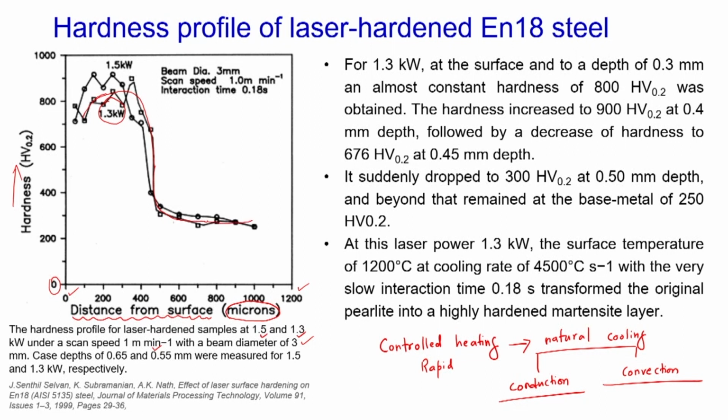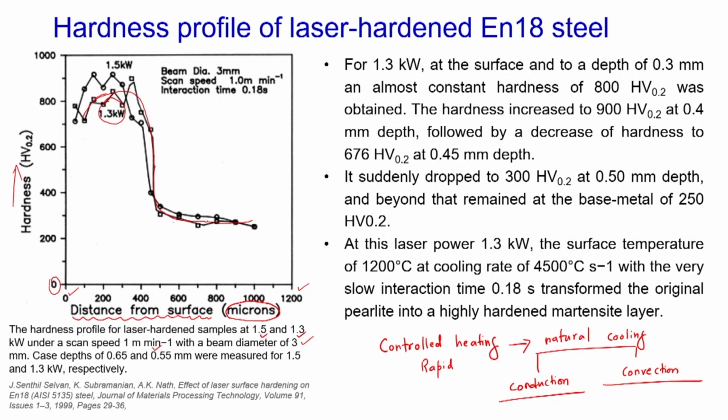Fine. So, if you look at this particular graph, what we are observing is that when we are taking the hardness value near to the top surface, the hardness is very high. The hardness is around 800 HV value, which is quite high, and as we move inside the workpiece along its thickness direction, there is a sharp reduction in the hardness value, and it comes down to about 200 HV value.